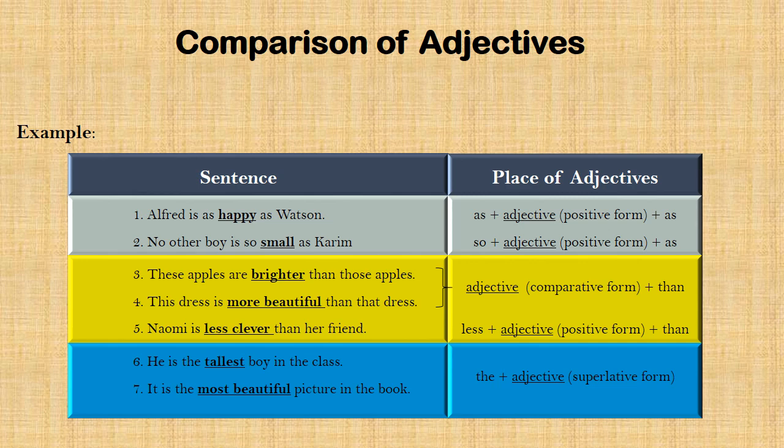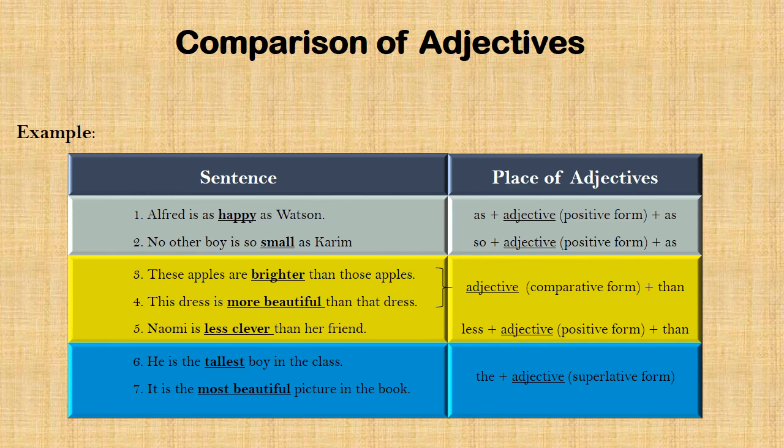Let us read the third and fourth sentences. These apples are brighter than those apples, and this dress is more beautiful than that dress. Don't forget to use the comparative form of adjectives before the word than. So when there is a gap before the word than, you may have to use the comparative form of adjectives.